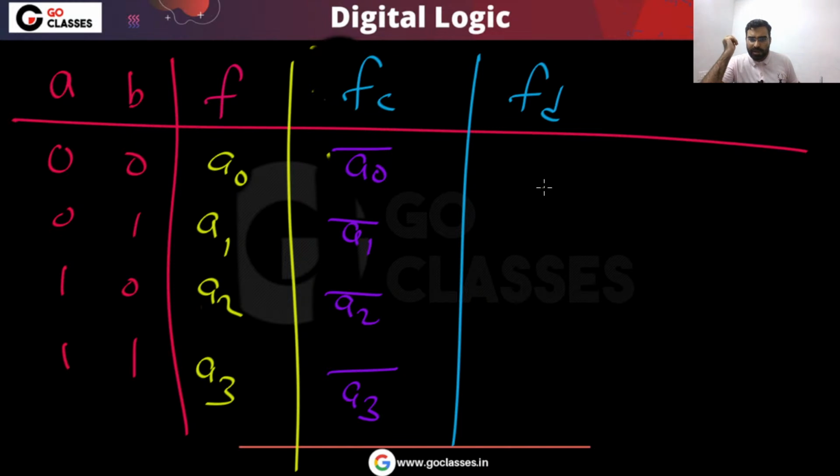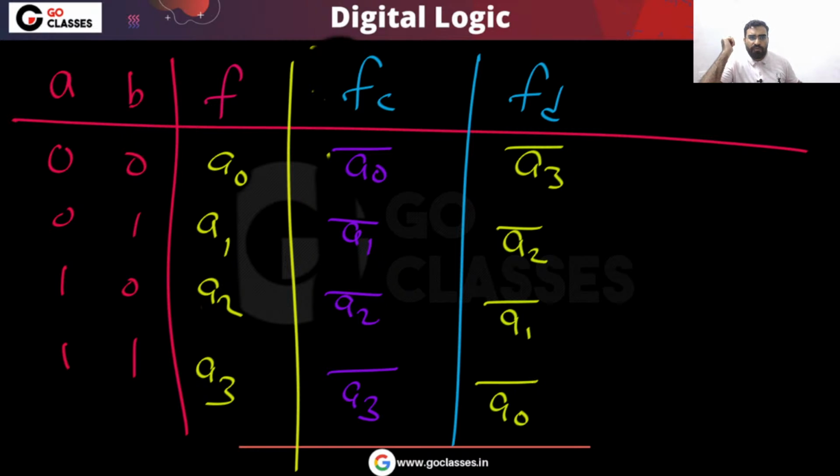And what will be f dual? F dual is reverse of f complement. Now we are saying that they must be same if this is a go function.